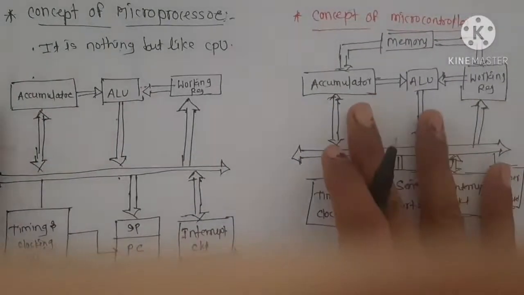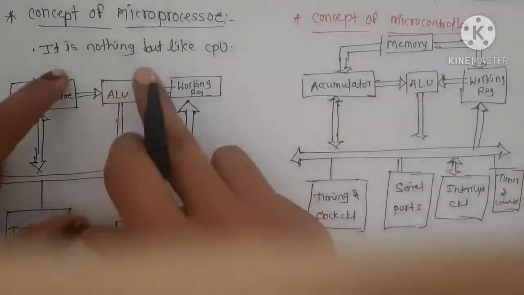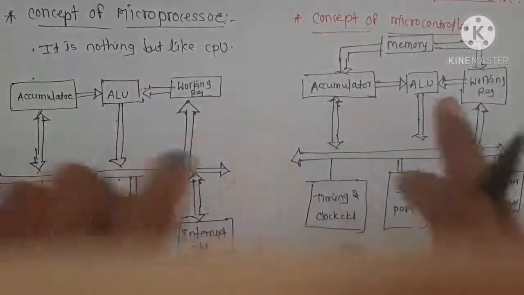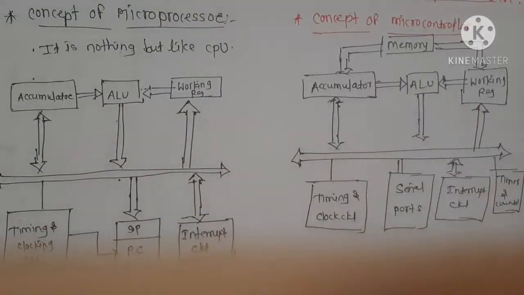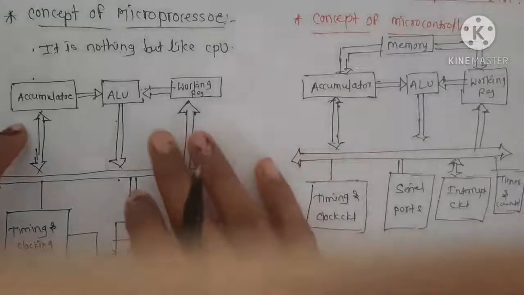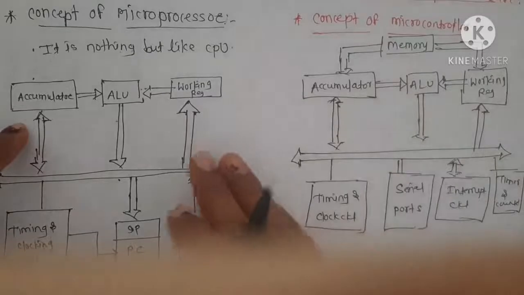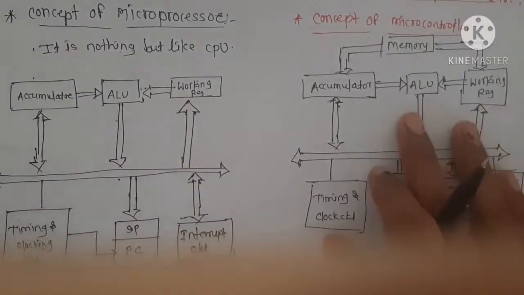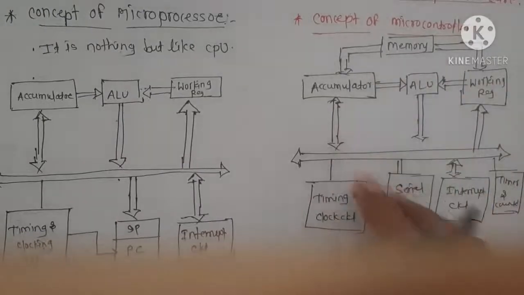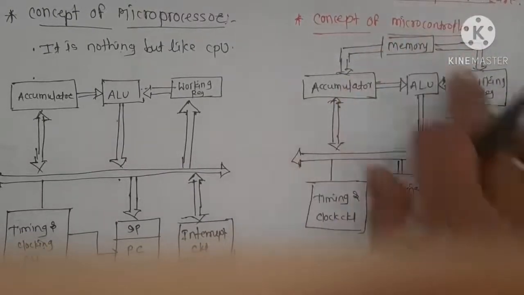From this block diagram we can make another difference point: here memory is absent, here memory is present. As it requires more hardware if we want to run another application, if we want to connect hardware externally. But in this one, serial ports and some elements are present internally.